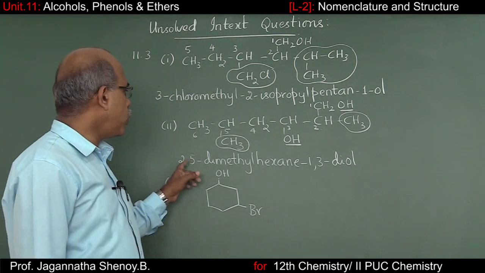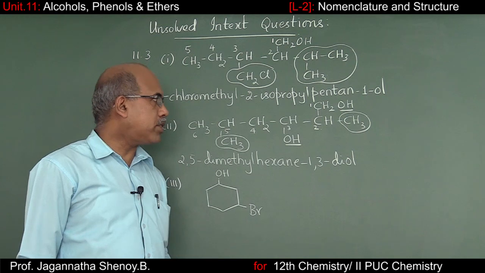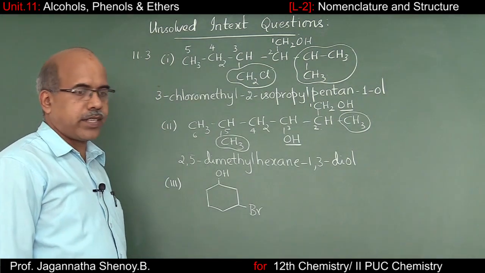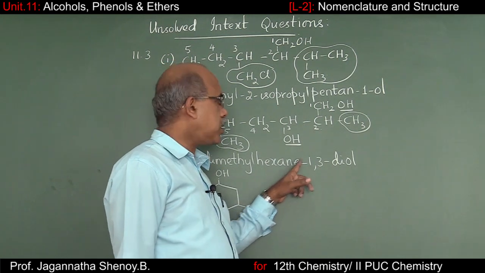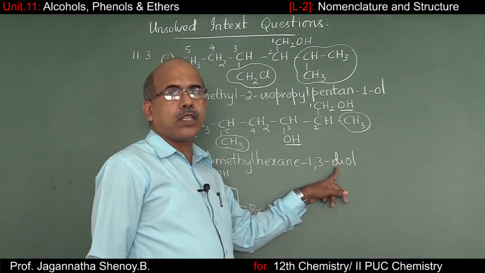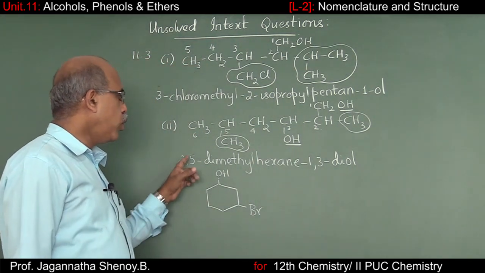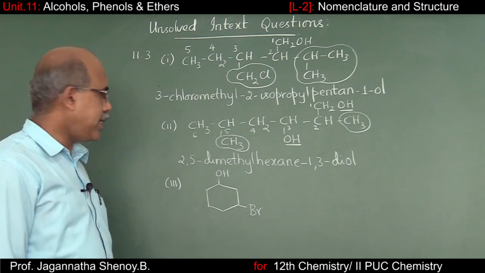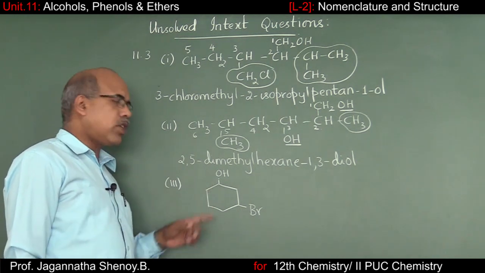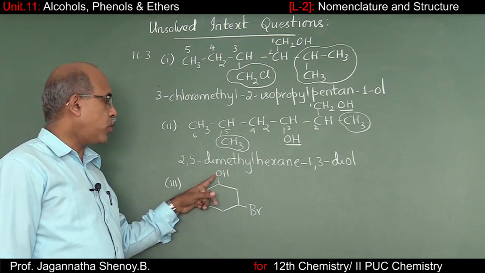So we have 2,5 dimethyl hexane 1,3 diol. That is the IUPAC name. Here again, E has to be retained because it is followed by consonant D. So IUPAC name is 2,5-dimethyl hexane 1,3 diol.